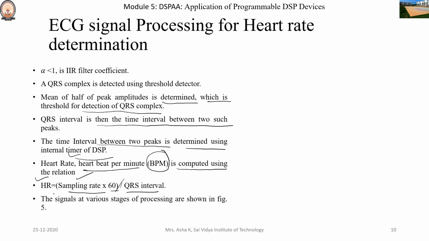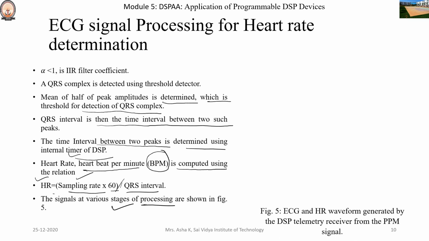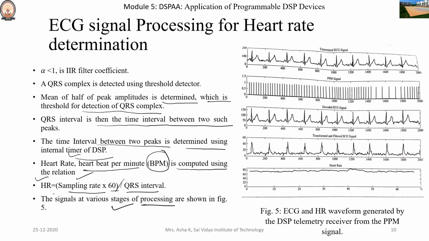The signals at the various stages of processing, the heart rate and the ECG signals generated by using the DSP telemetry receiver from the pulse position modulated signal, are represented here. We have first the transmitted ECG signal, and then the pulse position modulated signal.